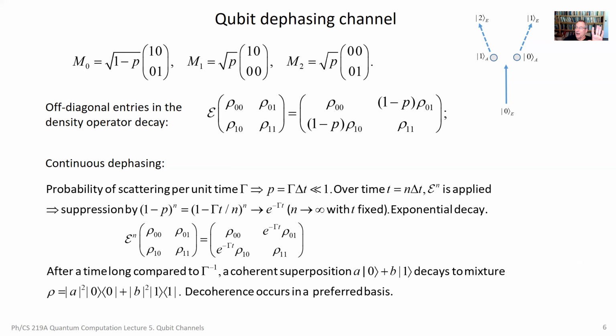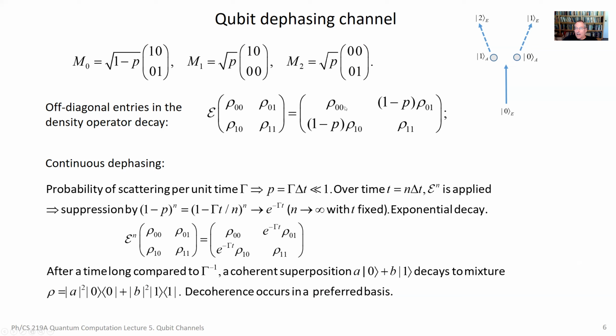that's just going to multiply the whole density operator by 1 minus p, both the diagonal and the off-diagonal parts. But then M1 adds an entry which is p rho 0,0, because this is projecting out the 0 component, and M2 is projecting out the 1 component, so that's going to give me a p rho 1,1.